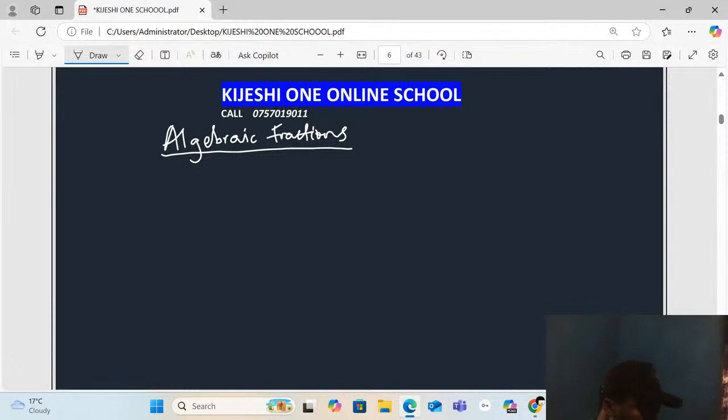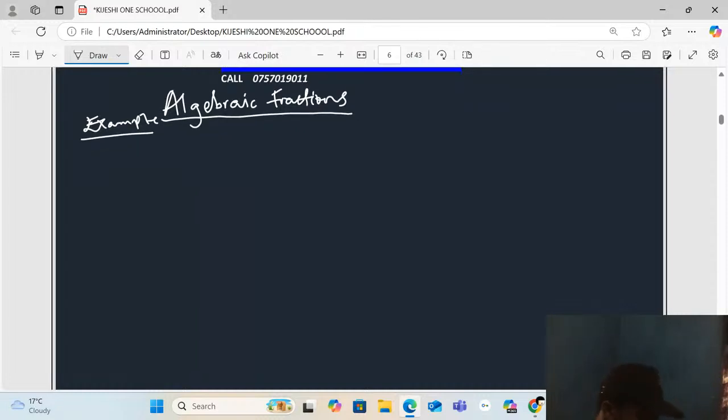Look at this example. Algebraic fractions. Example 1: express each of the following as a single fraction.